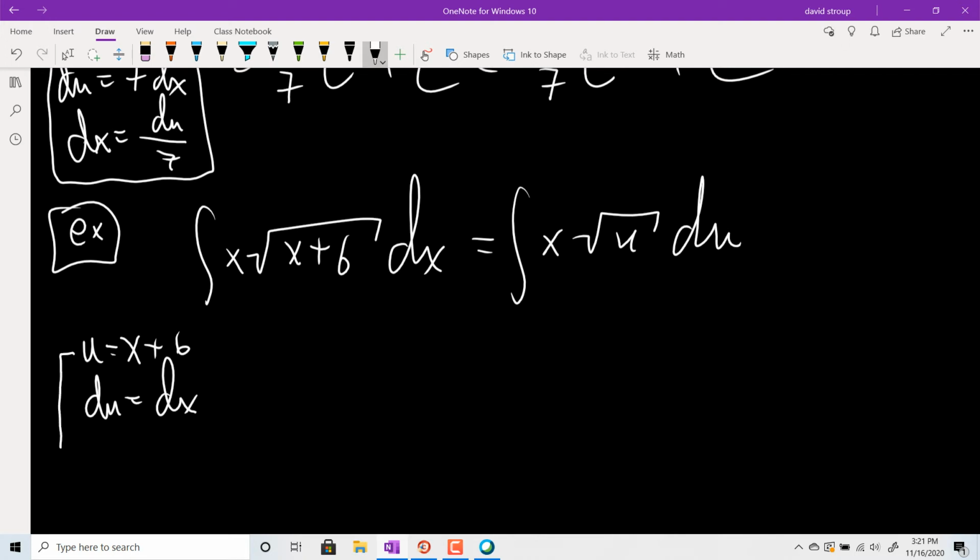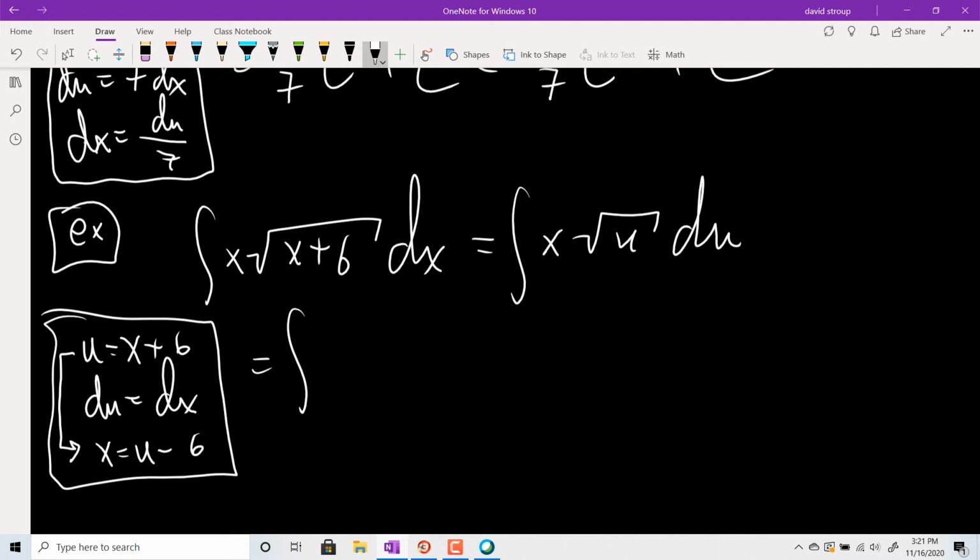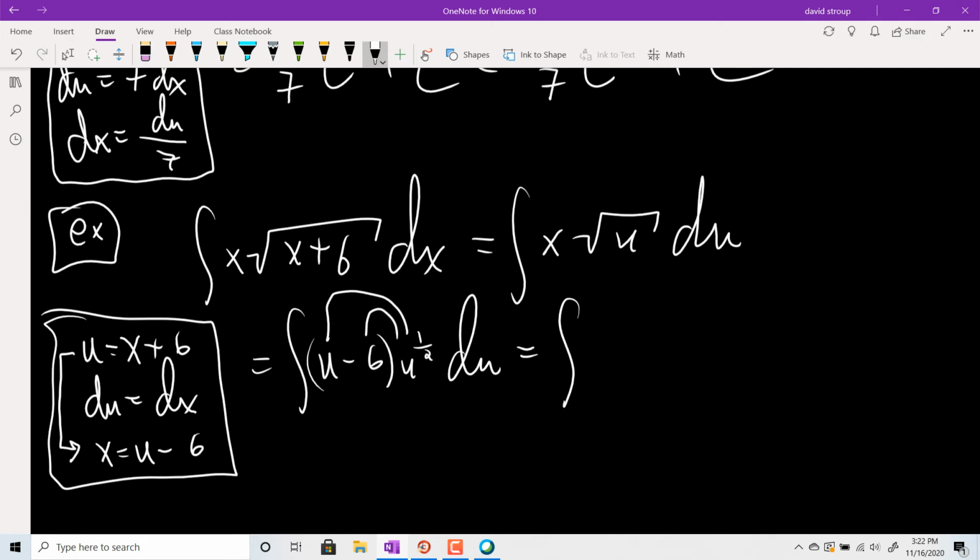Well, you go back to this original formula and solve for x. So x is actually u minus 6. Let's box off that work. And then we can rewrite it in terms of u's. And then u to the 1/2, of course. So then you have to distribute this to make it integrable.